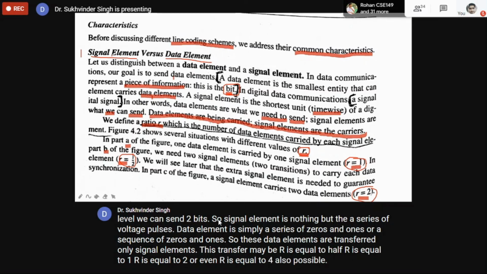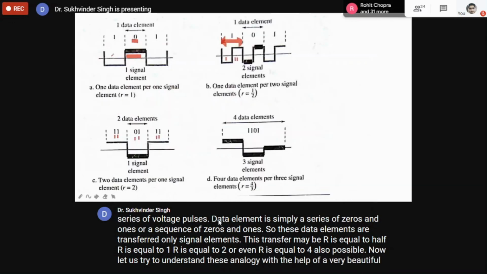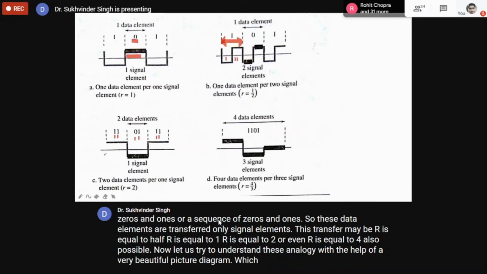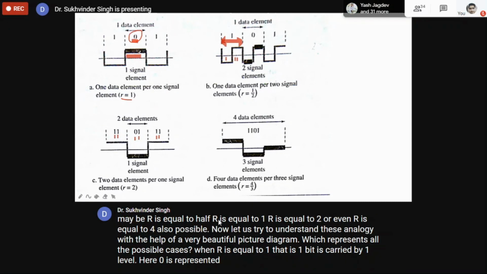Now let us try to understand this with the help of a very beautiful picture diagram which represents all the possible cases. When R is equal to 1, 1 bit is carried by one level. Here 0 is represented by an upper level, 1 is represented by a lower voltage level.